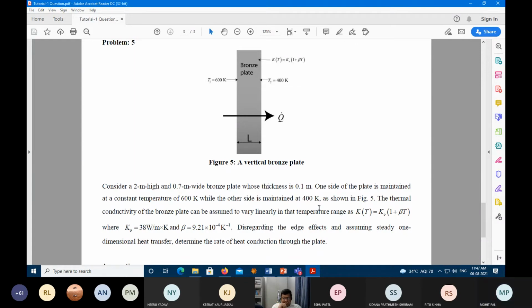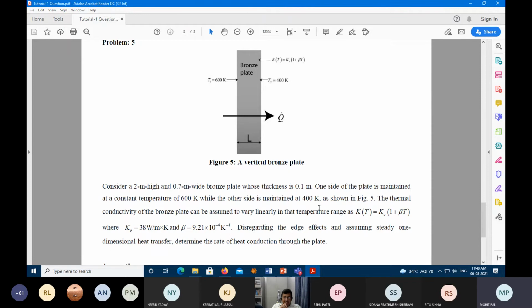So what is dT? dT will be 200. How much will dT be? 200, sir. Since one side is 600, one side is 400, the temperature difference is 200. Correct? Yes, sir. What will be dx? dx will be 0.1 meter, sir, because the thickness is 0.1.